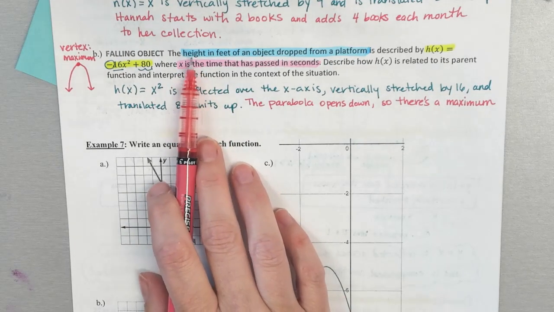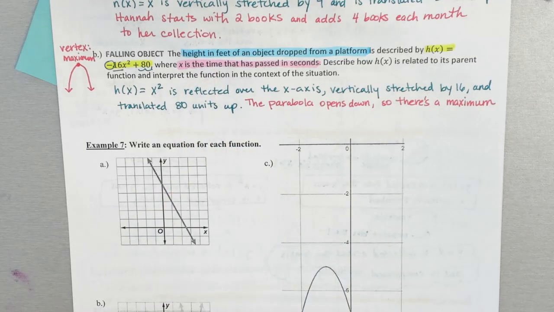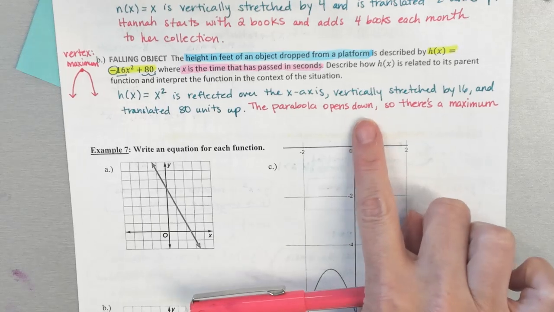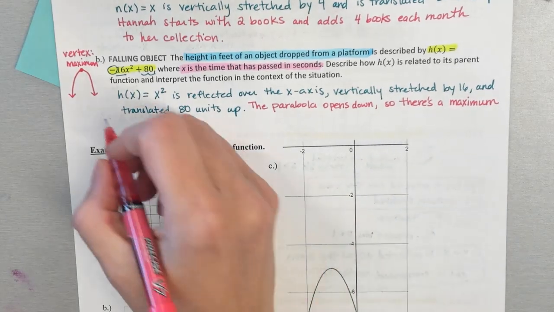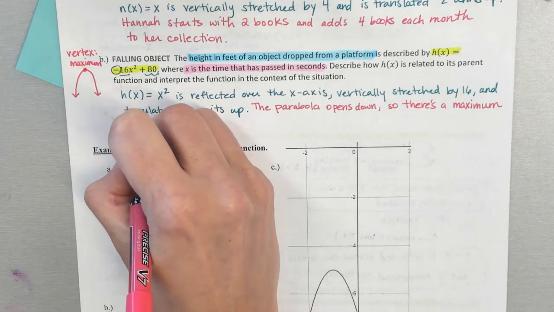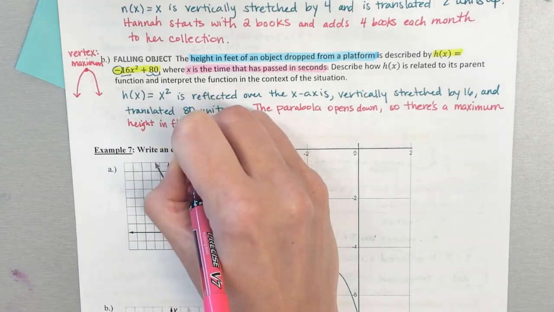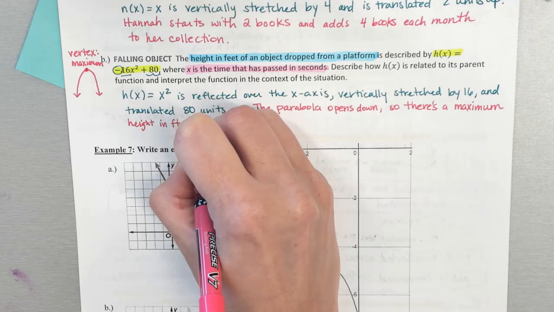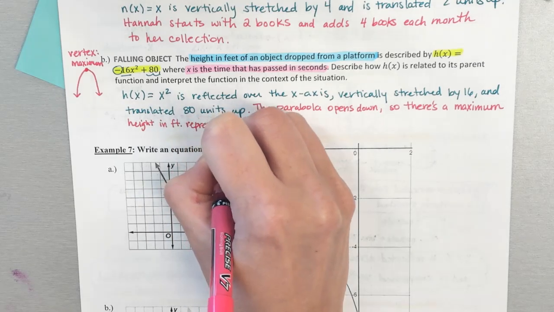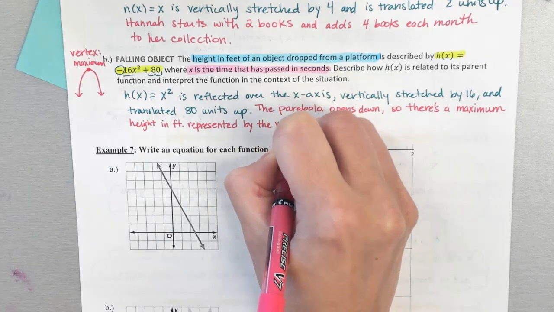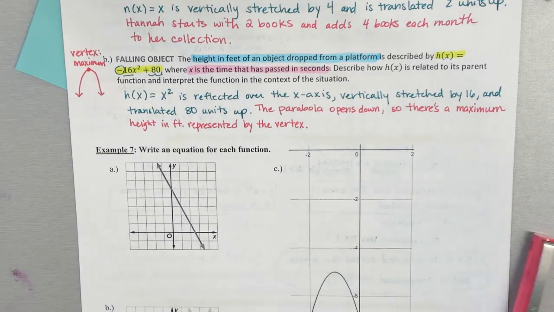So the y-coordinate is going to be the height. Okay, so the parabola opens down, so there's a maximum height in feet represented by the vertex.